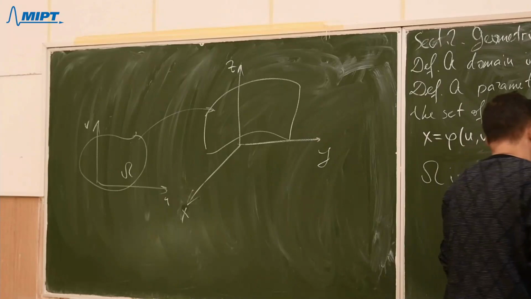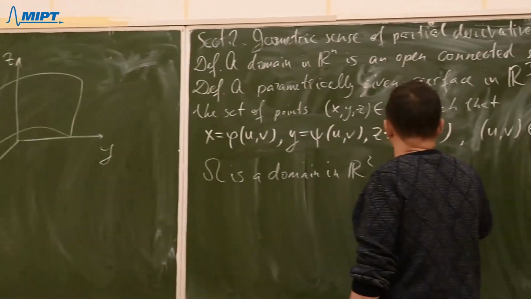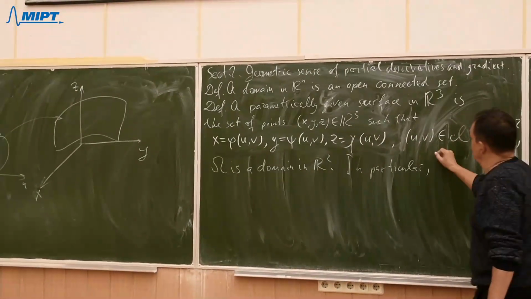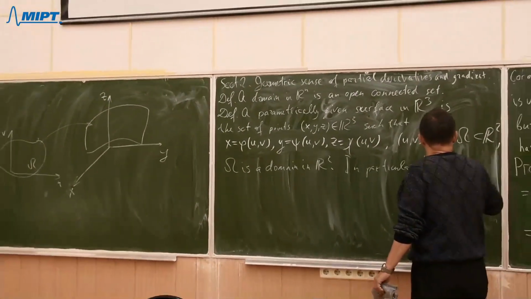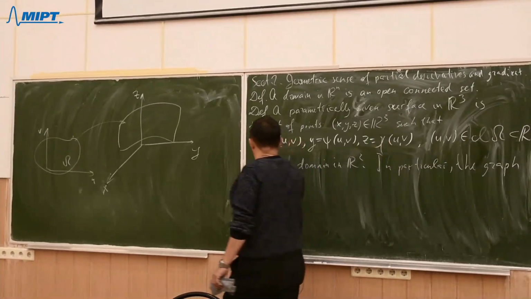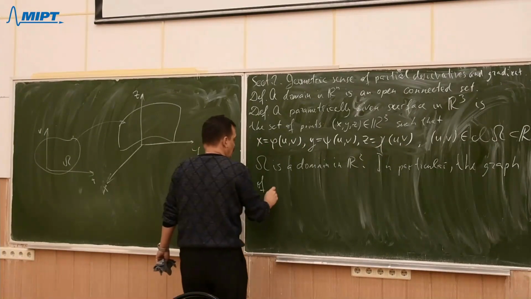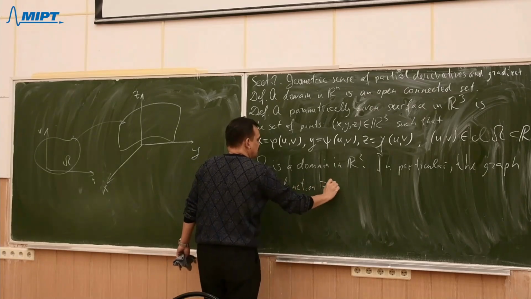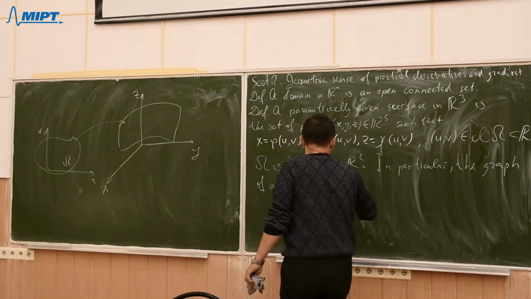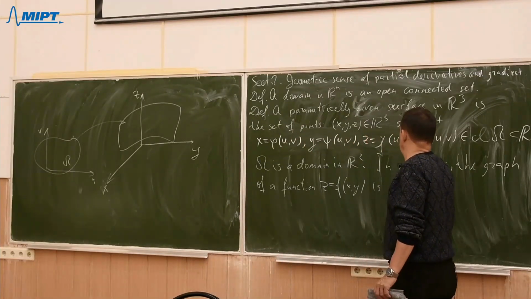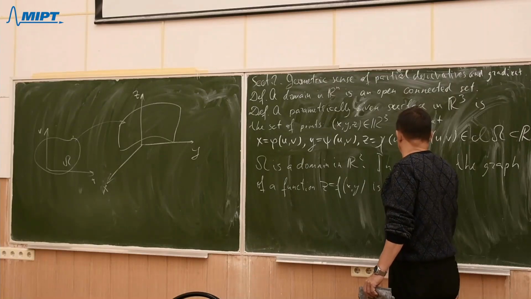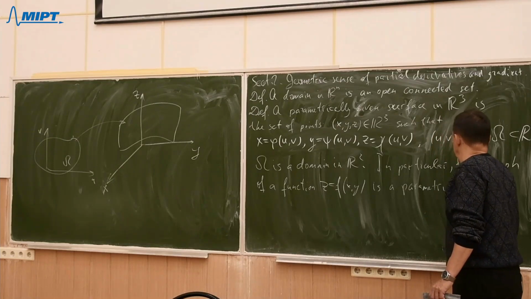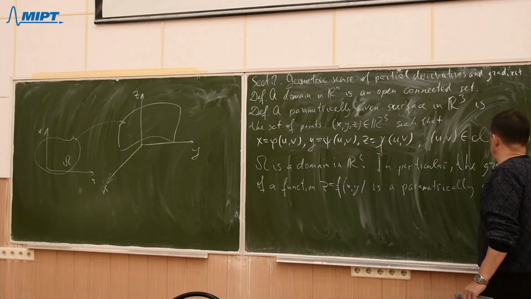A particular case, in particular, the graph of a function z equals f of (x, y) is a parametrically given surface.